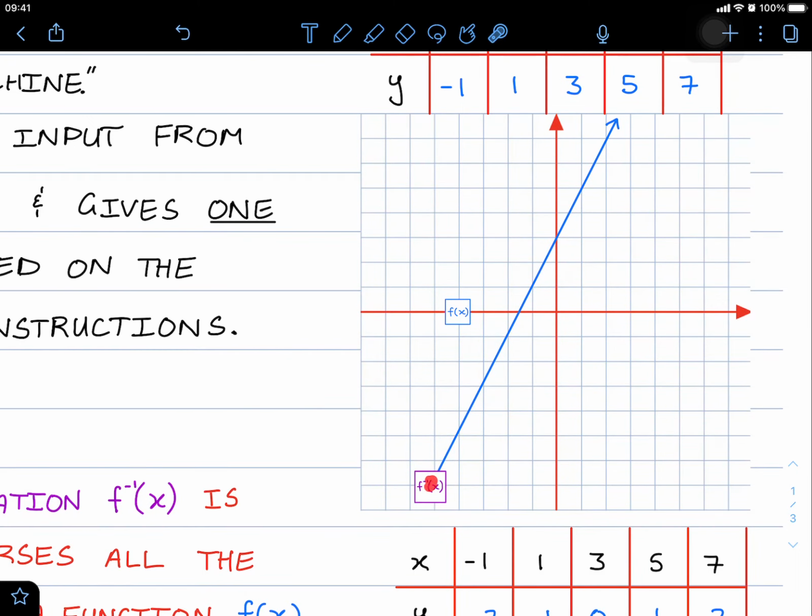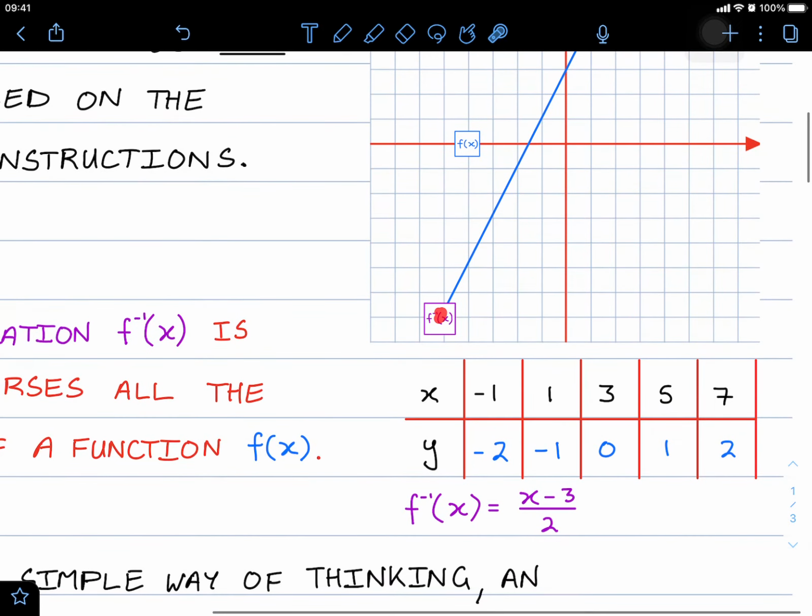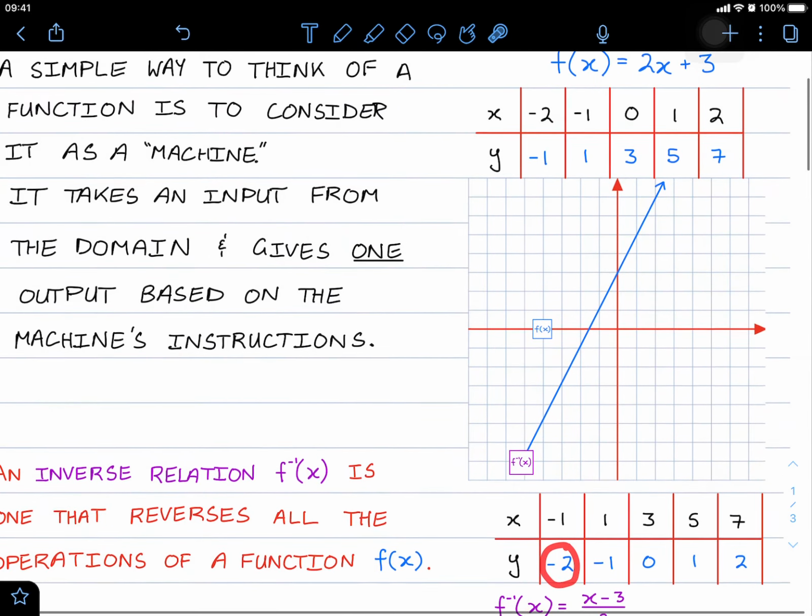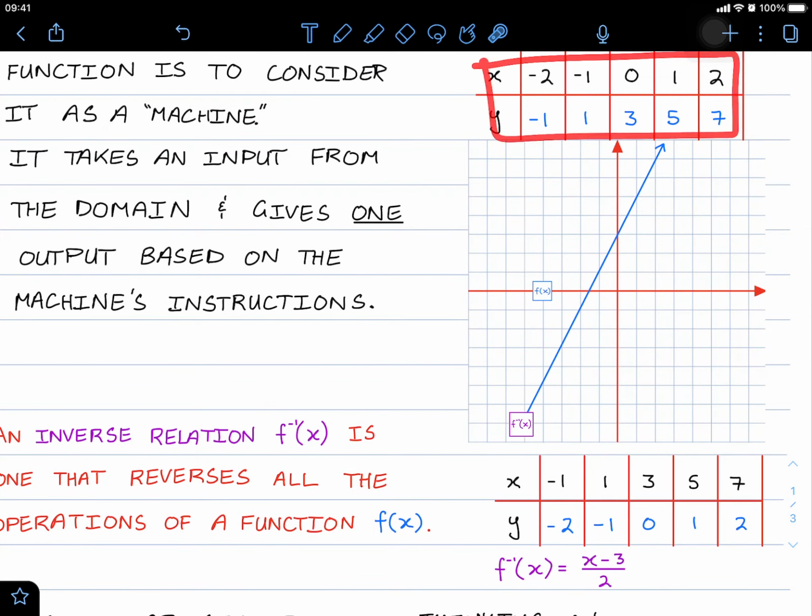And notice how, from the output, when we place it into the inverse, it gives back the original input. So take a close look at these two tables of values.